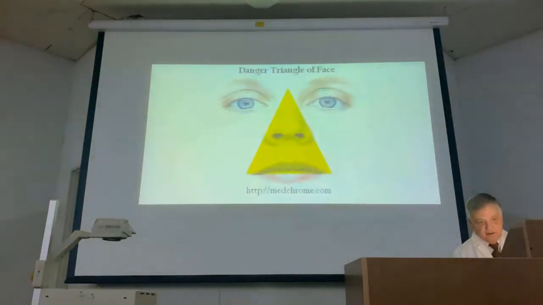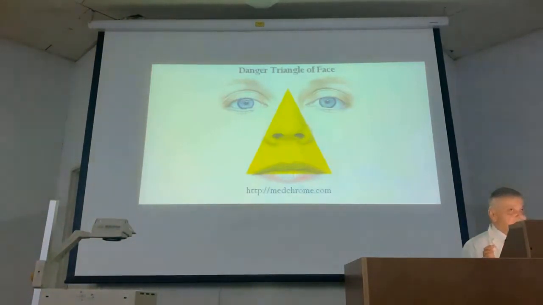And there is what's called the dangerous triangle of the face. The triangle involves the root of the nose, then the nose, then the upper lip. Why is it dangerous? Because venous drainage of this area goes to the cavernous sinus.